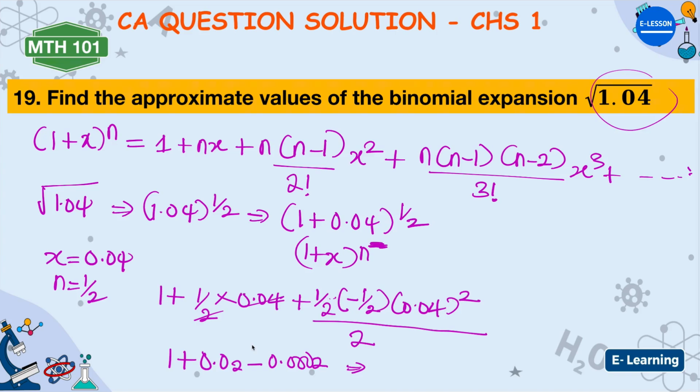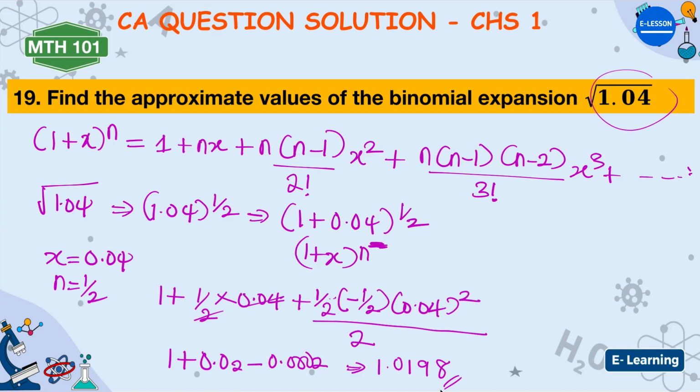Now you add everything together, 0.02 minus 0.0002. The answer to that question is approximately 1.0198.